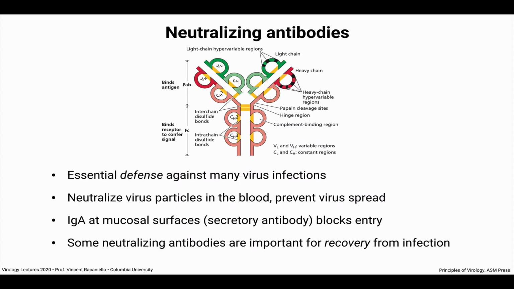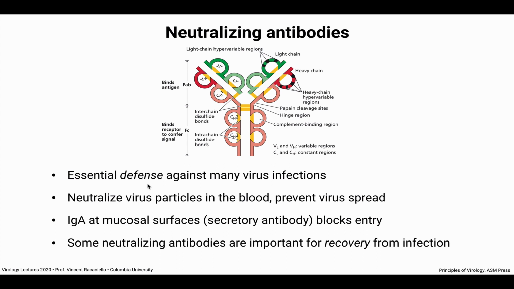All right, back to antibodies. What do they do, actually? Well, an important part of the antibody response is the production of what we call neutralizing antibodies. These are antibodies that block infection. That's what the word neutralizing means. These are an essential defense against many virus infections.